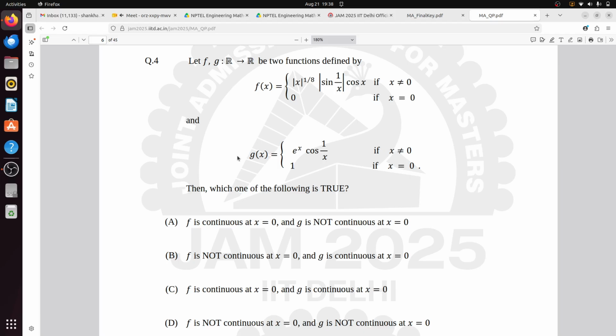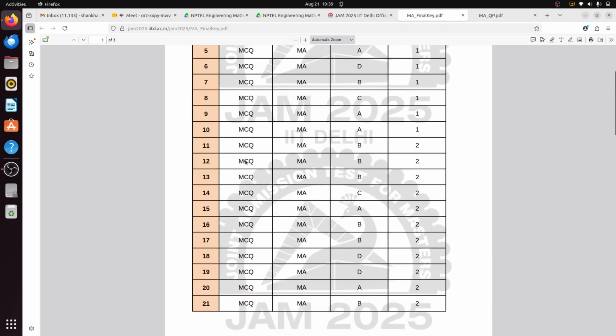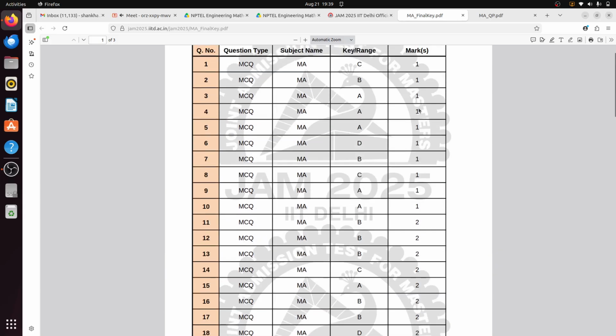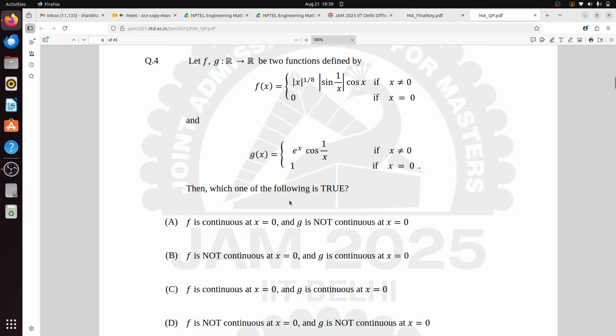And about g, cos(1/x) will oscillate. It is bounded but it will oscillate. So g is not continuous at x equal to 0. So 4 will be B. Sorry, 4 is A. Right, f is continuous at x equals 0 and g is not continuous. So my argument was correct, but I identified the option wrongly.